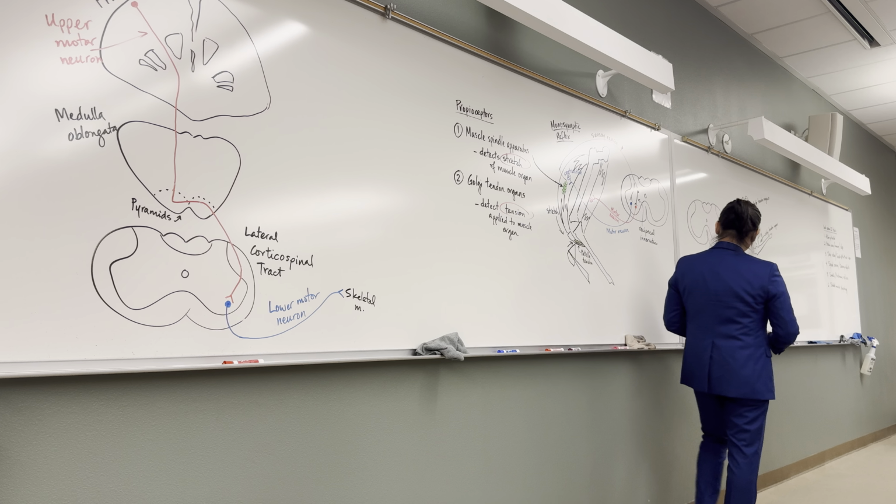That interneuron projects to the ventral gray horn, and will synapse with a motor neuron. This motor neuron, part of that reflex, goes back to the original muscle. What do you think the effect would be? What's the result of this reflex?